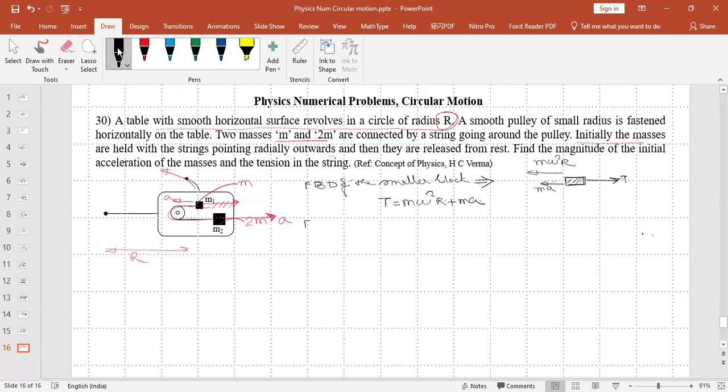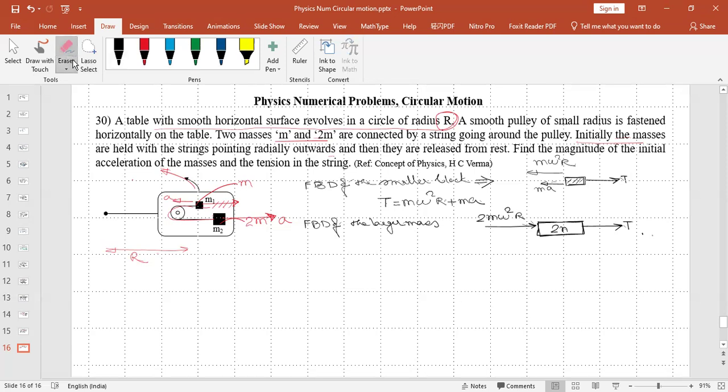Similarly, take the free body diagram of the larger mass. Both diagrams are similar, only their motion or acceleration, or ma, is in the opposite direction. This is 2m actually the mass, and here also the tension is in this direction, and the centripetal force is 2m omega square r.